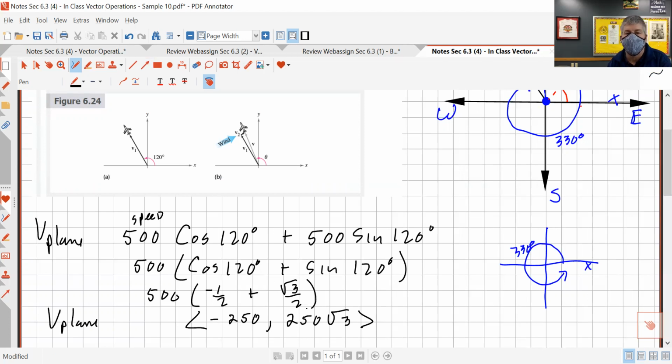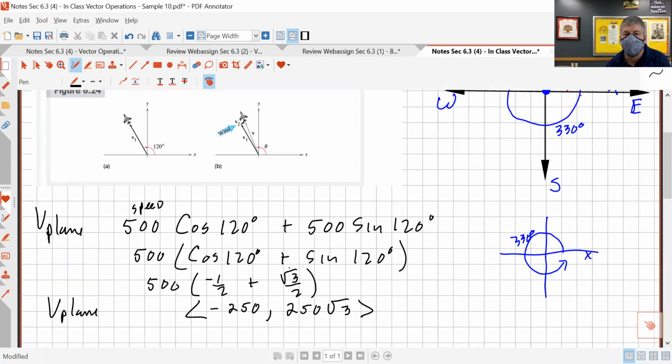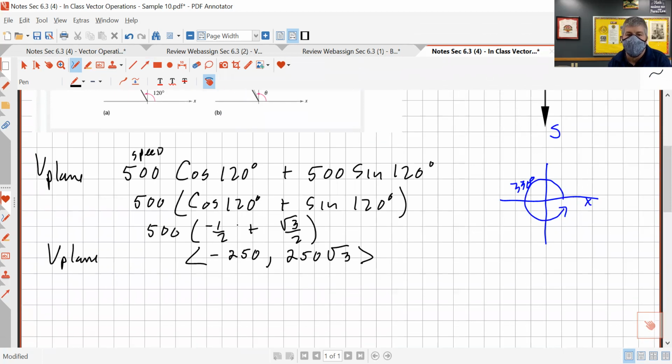Multiply 500 by each, and that's the vector of our plane. This is essentially i and j here, which I didn't write down.